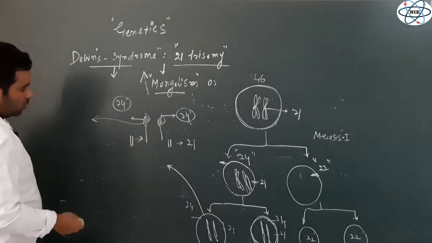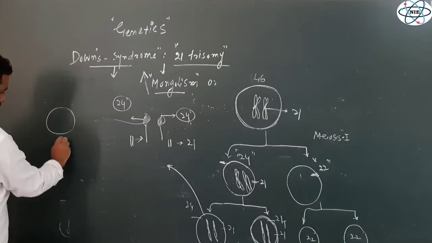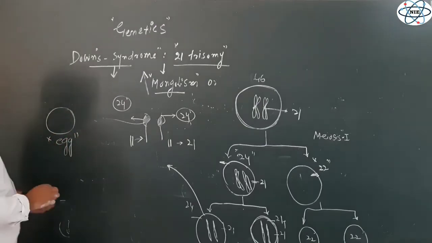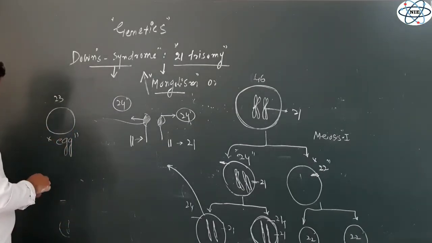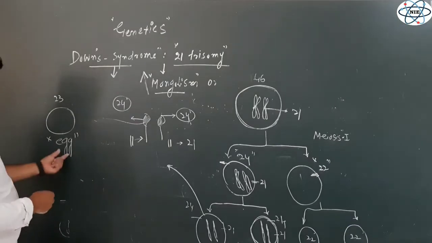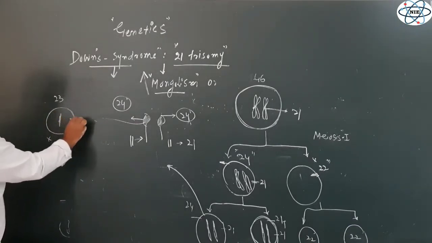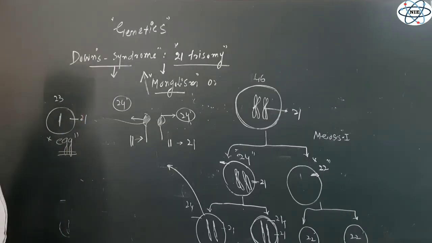Let's say among these two sperms, one is fertilizing a normal egg. Let's say this is a normal egg which doesn't have any non-disjunction or chromosomal abnormality. So this egg has 23 chromosomes, and obviously there is one copy of 21 in the egg. Try to understand.